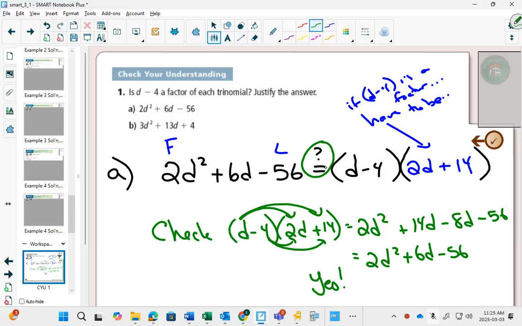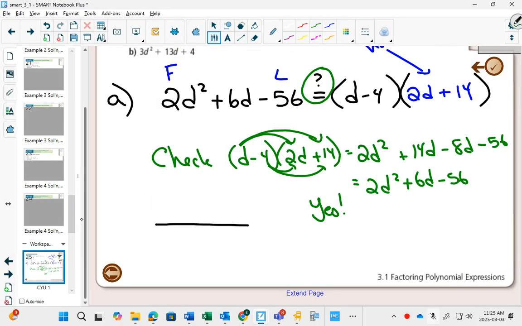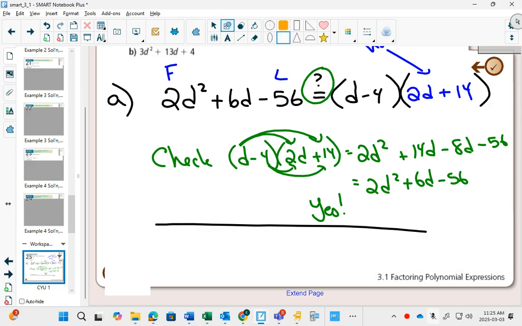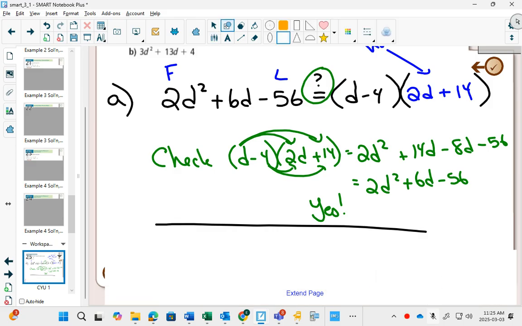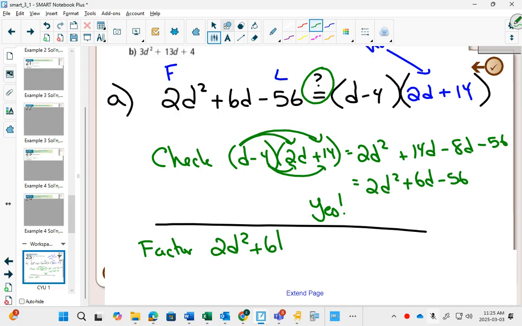The other way, method 2, I'll just draw a line here. Method 2 would just be like, can you factor this? Well, I notice there's a common factor of 2.